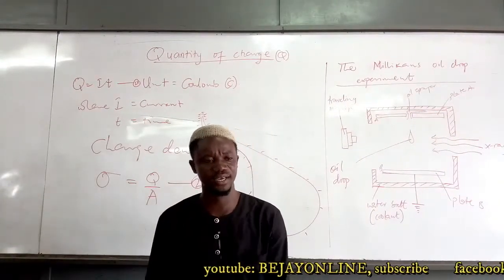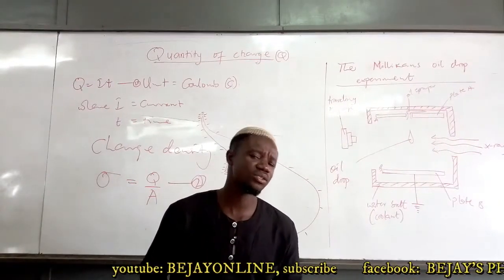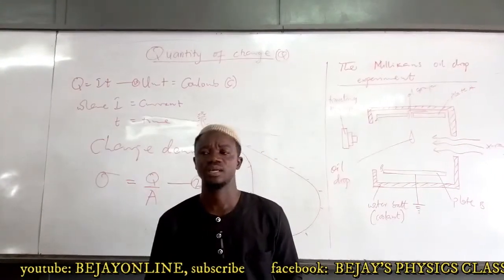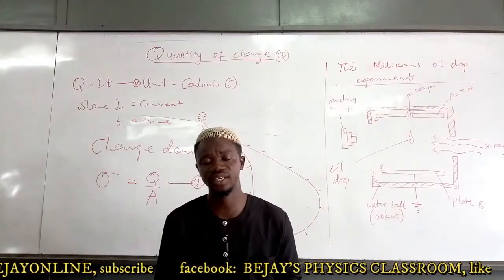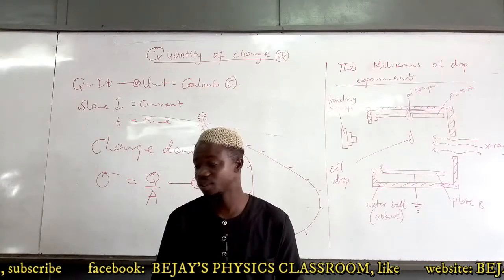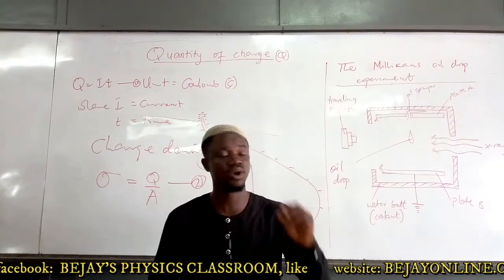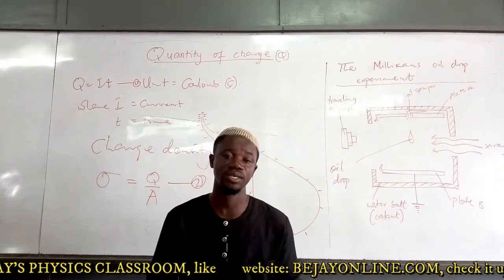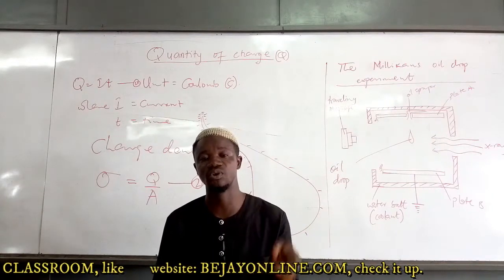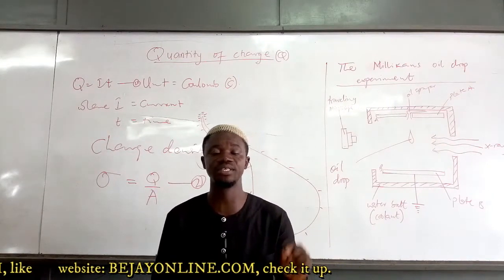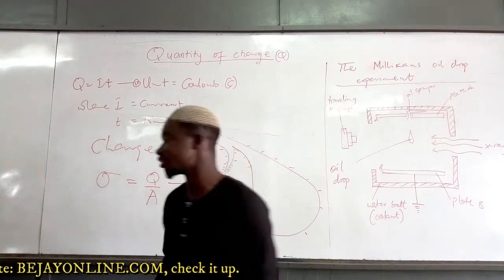So what we're saying is that Millikan's oil drop experiment seeks to investigate the charge quantization principle, which states that the quantity of charge on a body is an integral multiple of an electronic charge, a basic charge called the electronic charge.